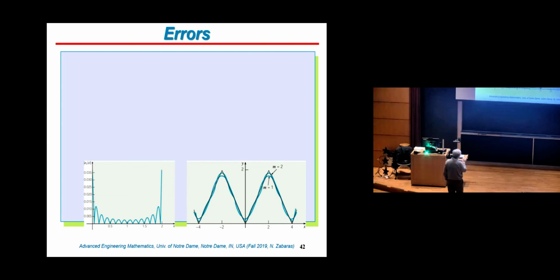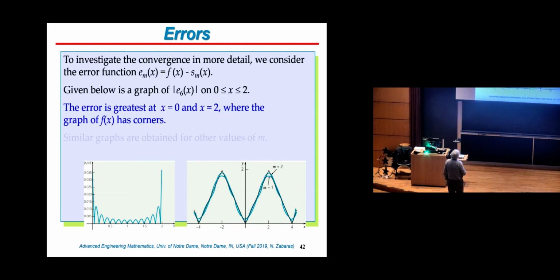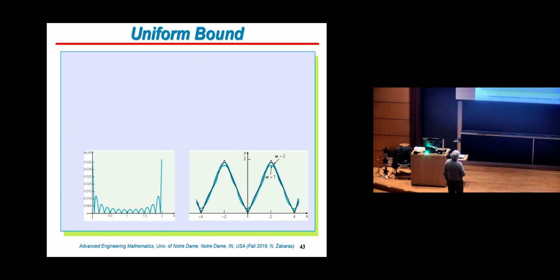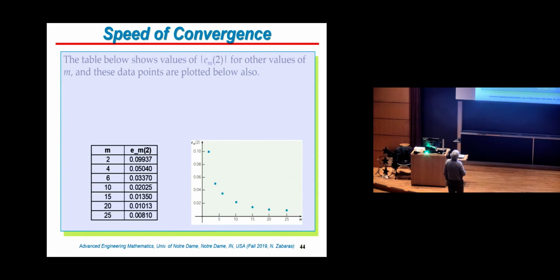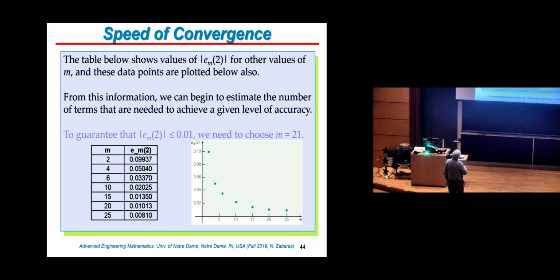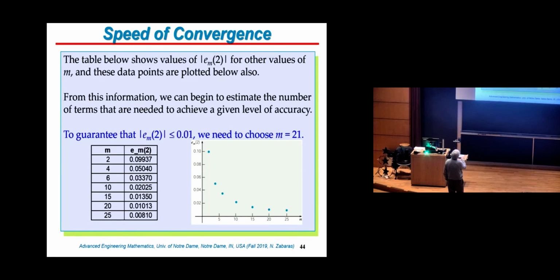So if you use 6 terms in the expansion, the error is very small everywhere except at the corners. This shows you the rate of convergence with different numbers of terms. This is what we call partial sums. Keeping different terms in the expansion shows you how it converges.